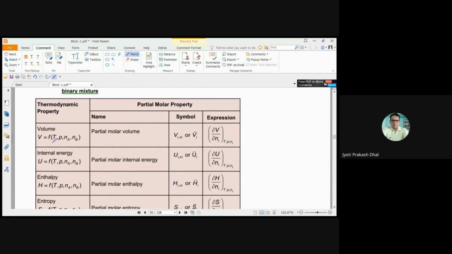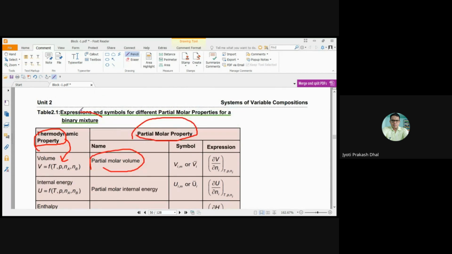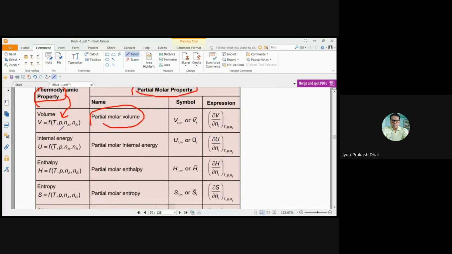If the thermodynamic property is volume, because here we will consider extensive properties only, then the partial molar property term is called partial molar volume. V is a function of T, P, number of moles of A and number of moles of B for a binary mixture, and the symbol for the partial molar volume can be written as V_i bar or V_im.